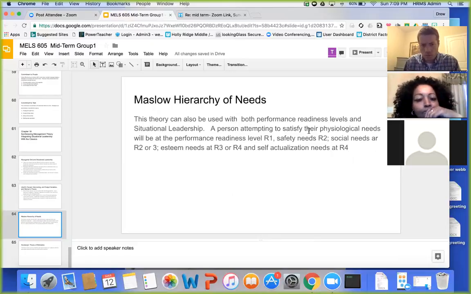If we're looking at safety needs, it looks at R2 for the performance. Social needs are at an R2 or an R3. The esteem needs are at the R3 or the R4. And self-actualization needs will be at an R4. Okay.